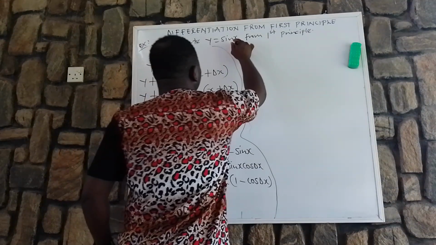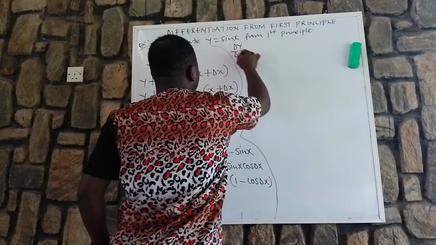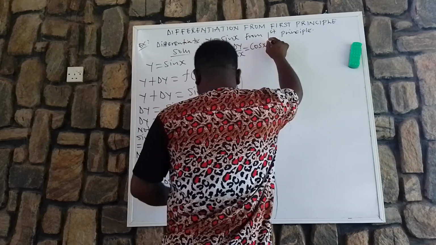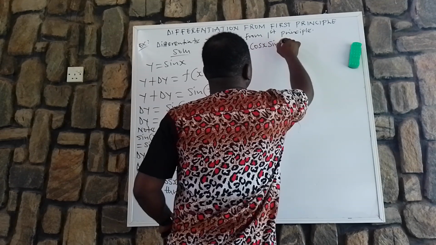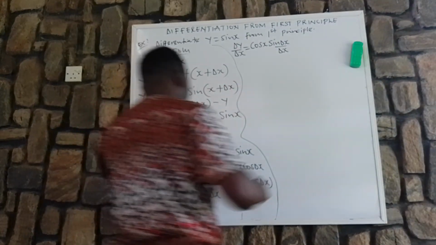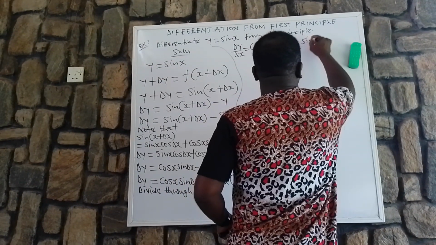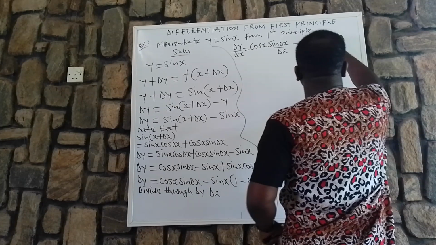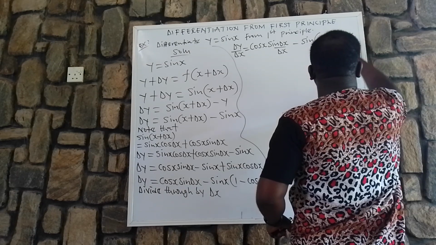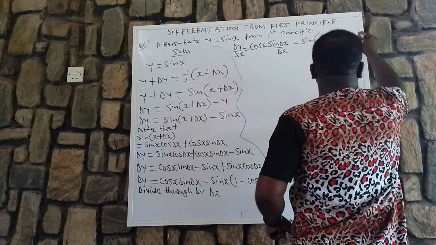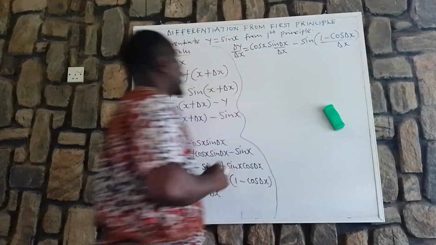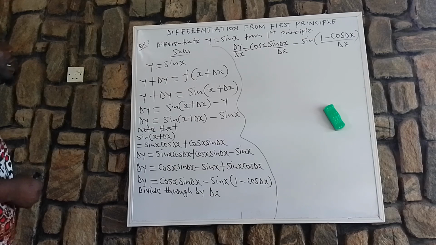Here will now be dy over dx equals cos x sine dx over dx, then minus sine x, open bracket 1 minus cos dx, over dx. Do you agree with me? Yes, this is how it will be.